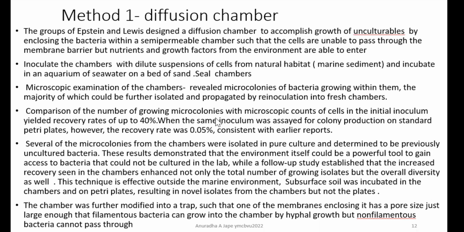In that, the enclosing membranes have a pore size that allows selective types of bacteria to pass through. Maybe actinomycetes and their filaments will grow, while non-filamentous bacteria cannot pass through. We are going to see these examples in the next slides. It was just an overview to reconnect you with the previous lecture.